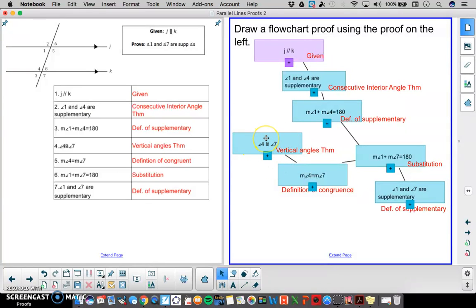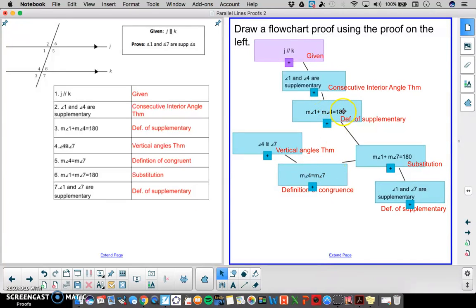Then because we know the angles are congruent, that directly implies the measures of those angles are equal. So notice how the measures of 4 and 7 being equal directly follows from the fact that they were congruent. The next thing that we did was we substituted angle 7 into the equation for angle 4.